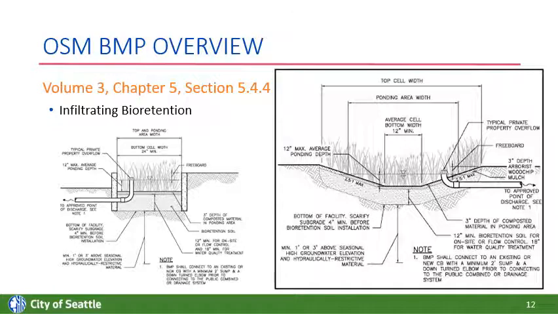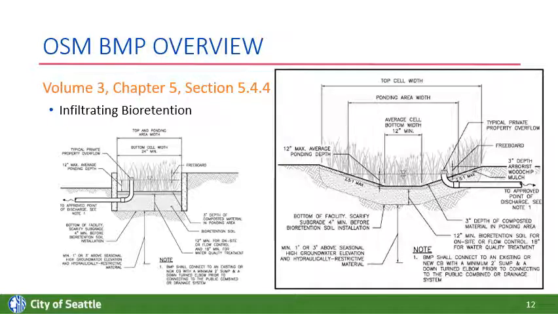For infiltrating bioretention, design criteria for contributing area, ponding area, bioretention soil, plants, and mulch area have been updated and clarified. So I won't get into every single detail for some of these clarifications, but all of those have been updated in the manual.